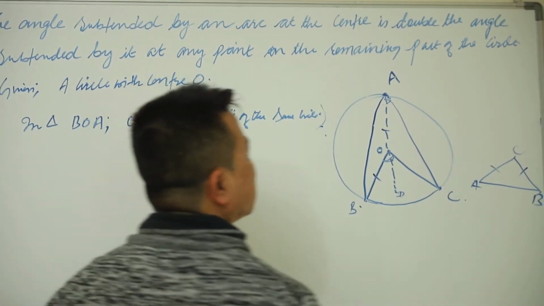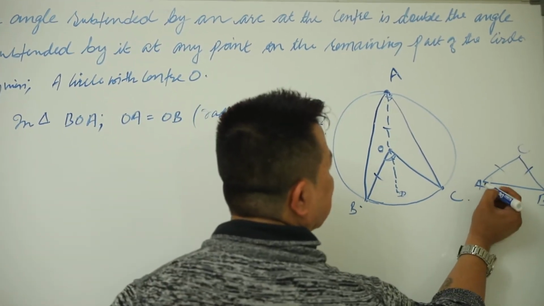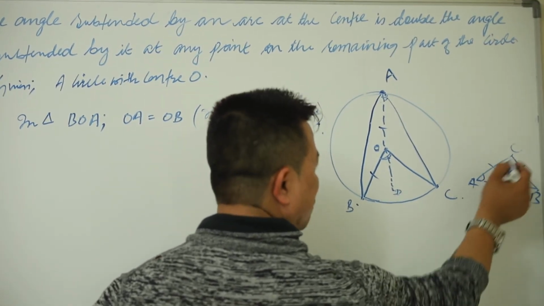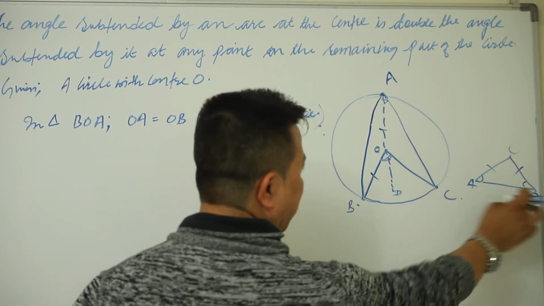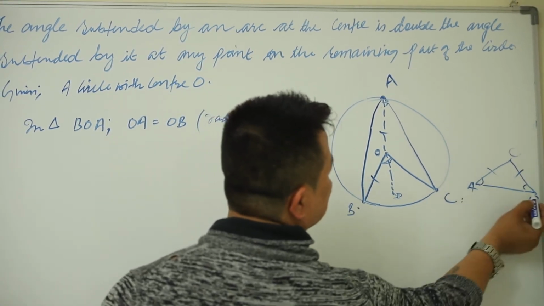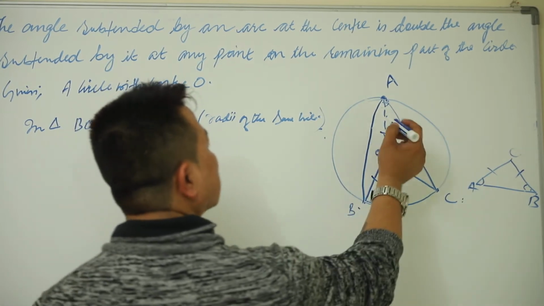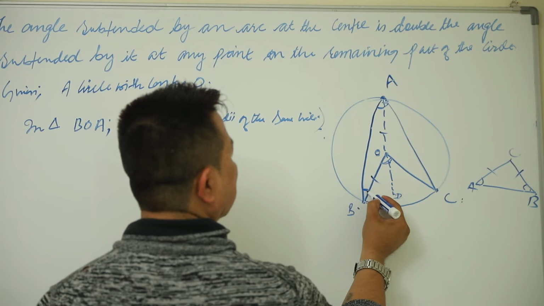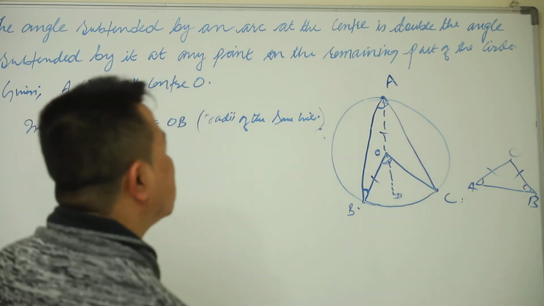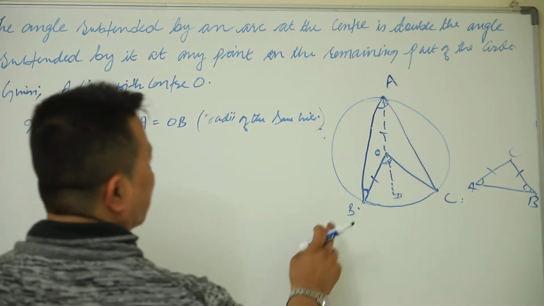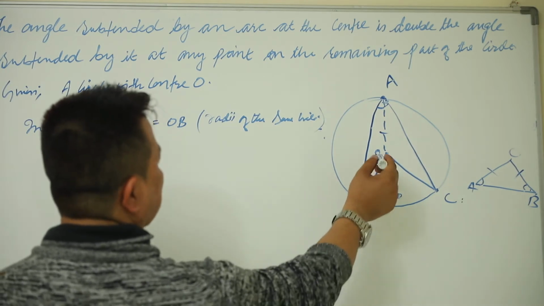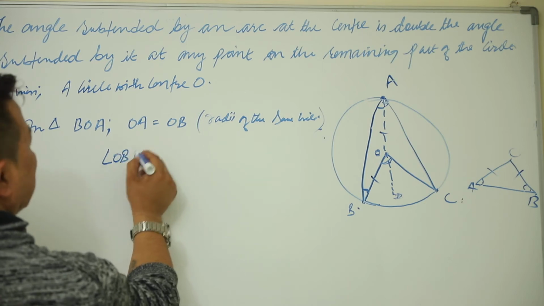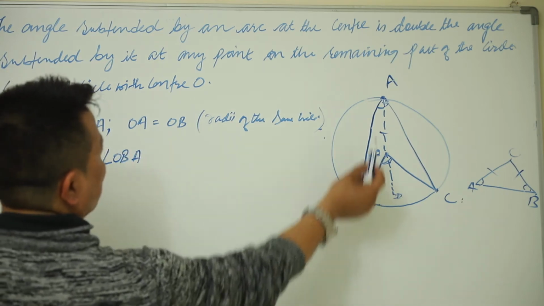What are their base angles? Their base angles are this and this. That means their base angles are equal, meaning this angle and this angle are equal. So here what angles are equal? Angle OBA is equal to this angle.